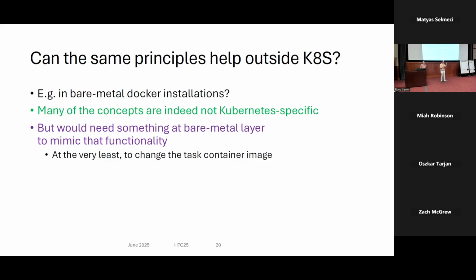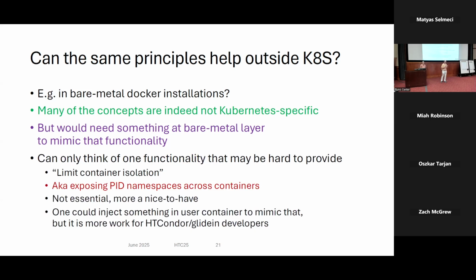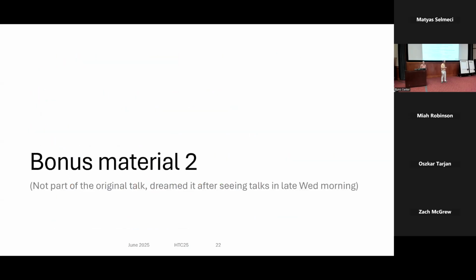So maybe a little bit of layer there is needed, but it may be acceptable for the admins to install a teeny layer on their systems, bare metal, to achieve this. And the limited container isolation, which means exposing the PID namespaces between containers, may not be achievable, but that's not a strictly necessary feature of the system. It just makes things easier, and there are other ways to work around it.